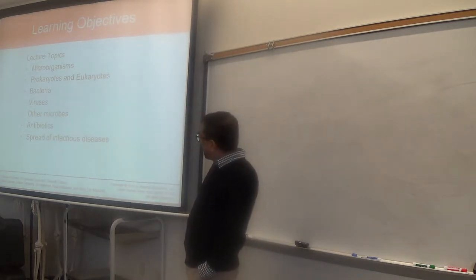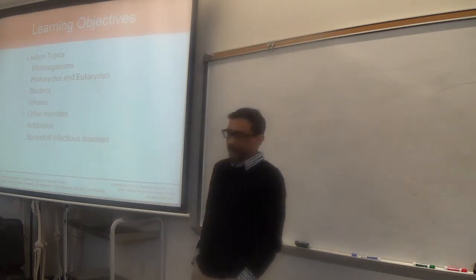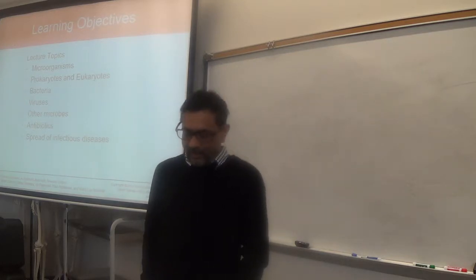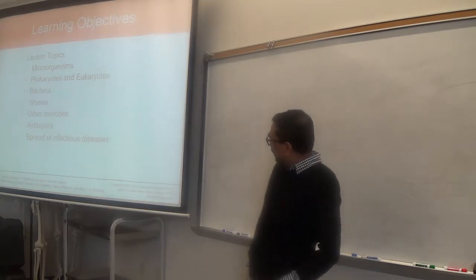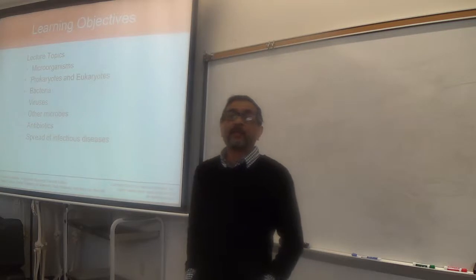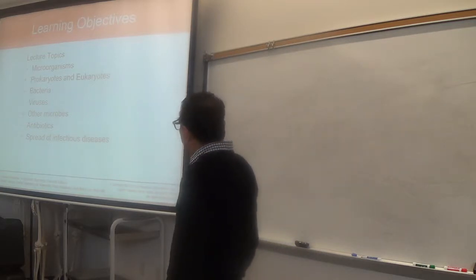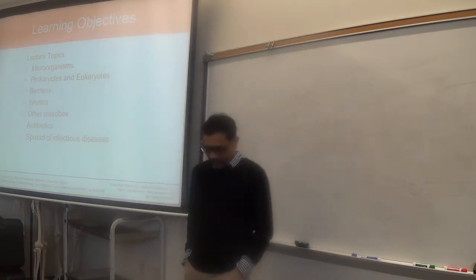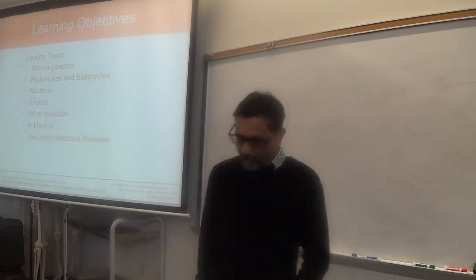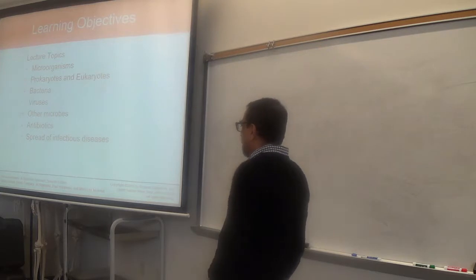Then we will talk about two types of cells or organisms. One is called prokaryotes and another eukaryotes. Then we will talk about the bacteria. We will talk about viruses, other microbes.